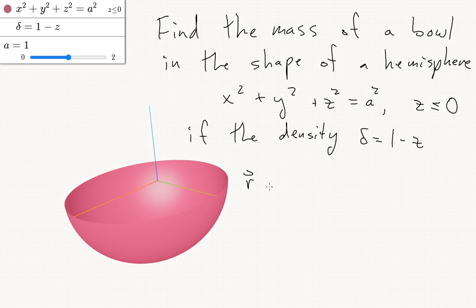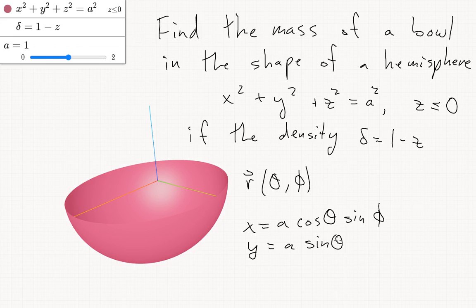So r of theta, phi, if a is the radius, x is a cos theta sine phi, y is a sine theta sine phi, and z is a cos phi.